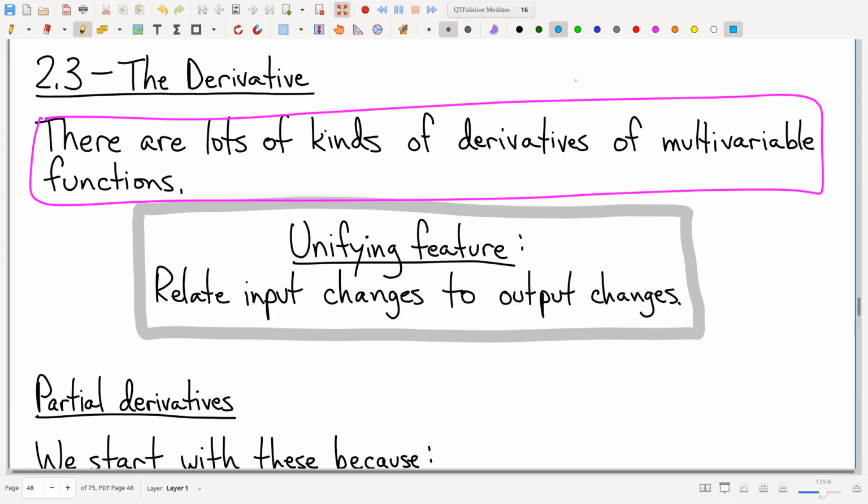When you're doing multivariable calculus, this is not true in single variable. In single variable, there's the derivative, end of story. I guess there's second derivatives, but that's not what we're talking about. I'm talking about still among first derivatives. There's several.